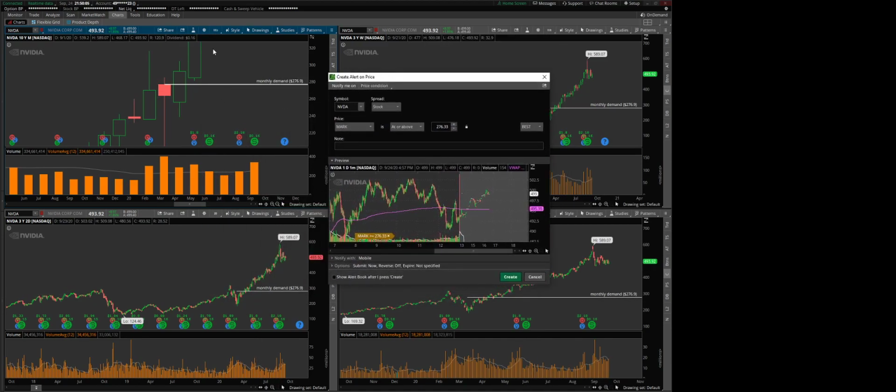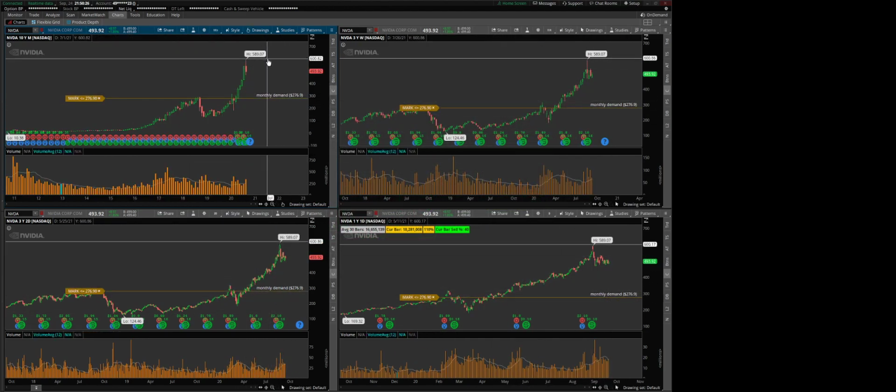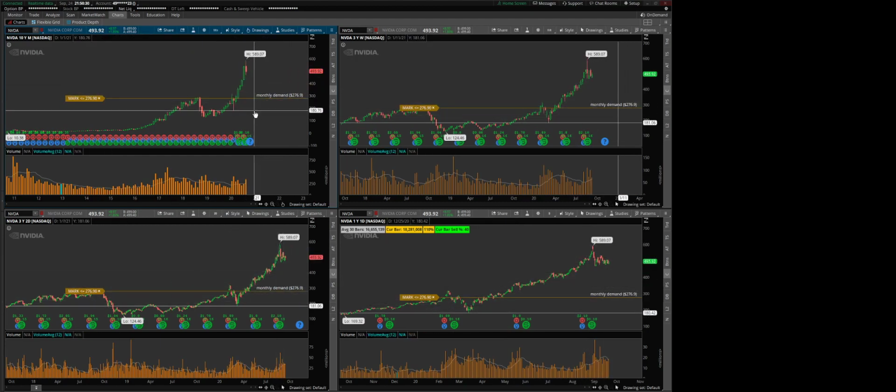Because if Nvidia drops tomorrow all the way down to 276.9, I want to be alerted on that shit, even if I'm not looking at it. Even though we're 250 points away from the zone, still set the alert.